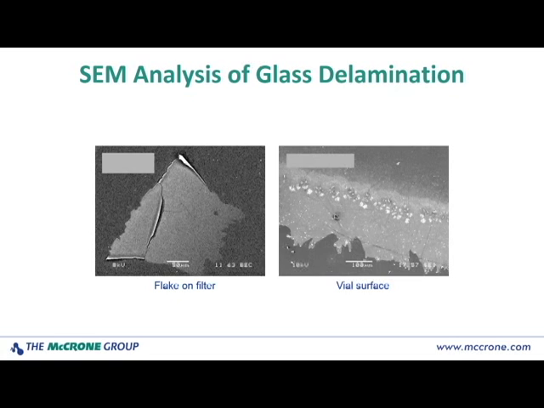On the left we see a delamination flake on a filter. It's been isolated on a filter, and then the filter and flake have been put onto a substrate for analysis in the scanning electron microscope. So the darker gray area that you see in the background is the substrate, the filter.